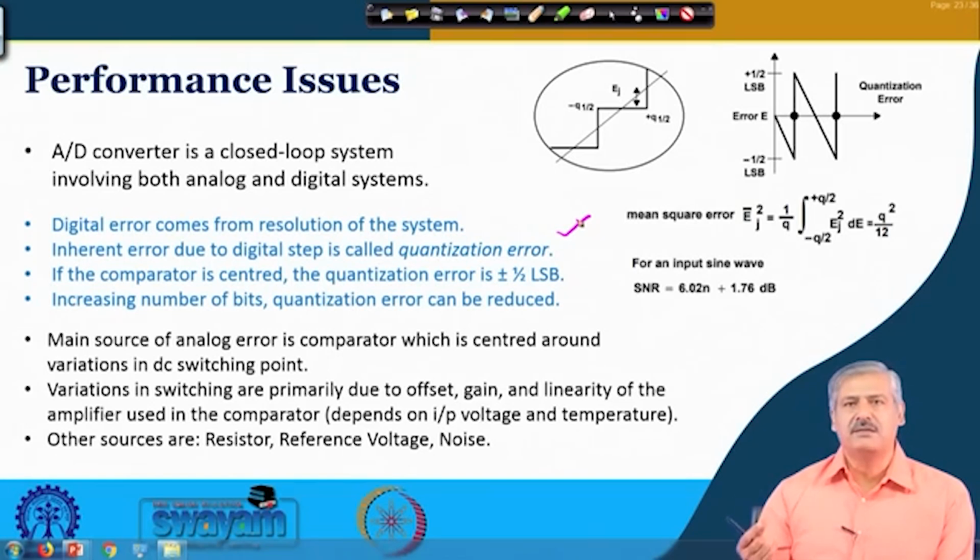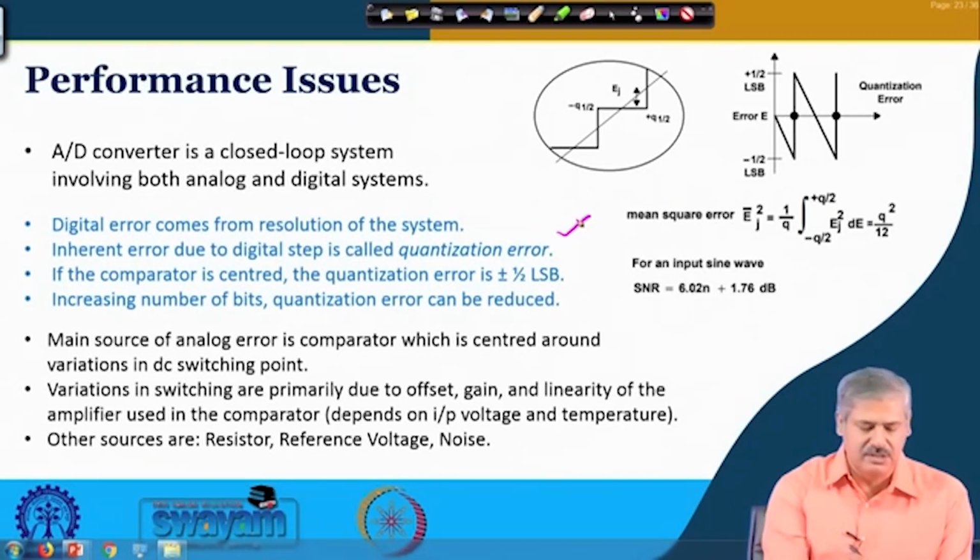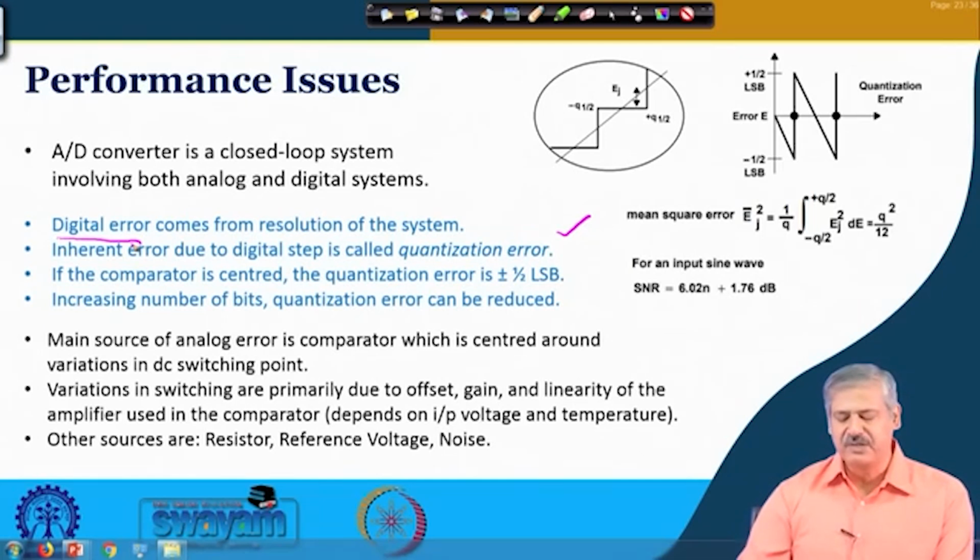If the number of bits is more, then the number of levels to which the analog voltage can be associated is more. So, the in-between steps, where the ambiguity could be, are less.